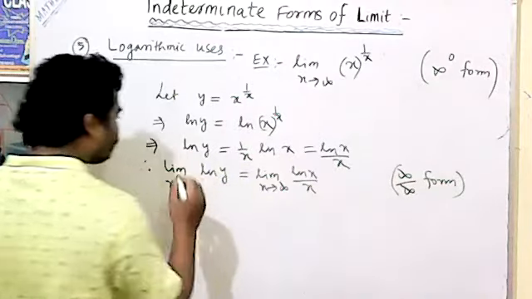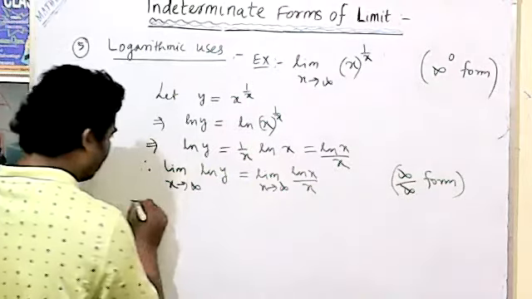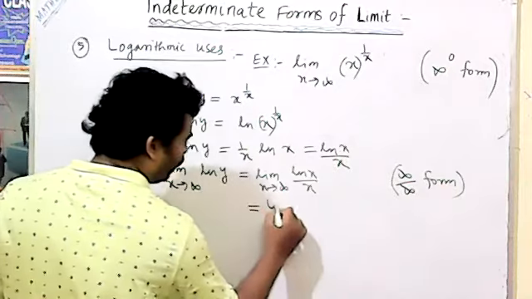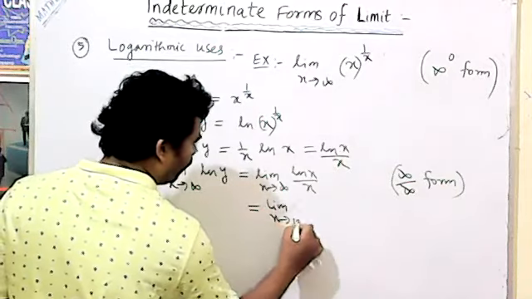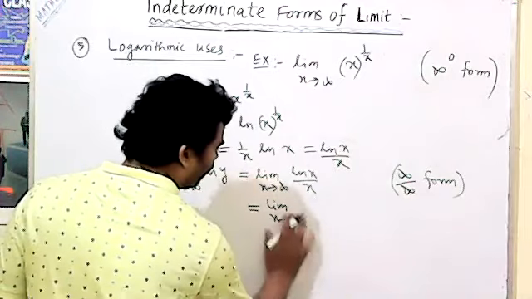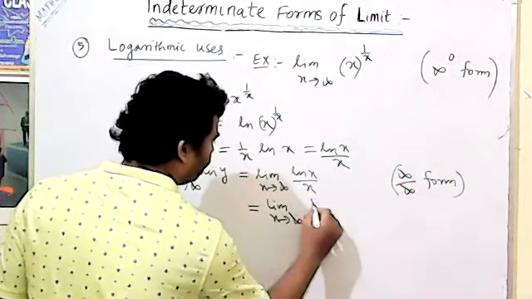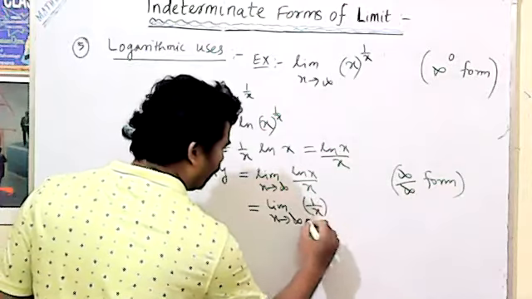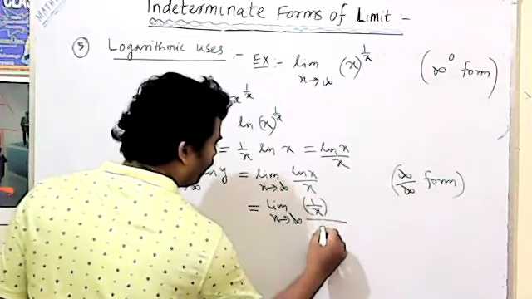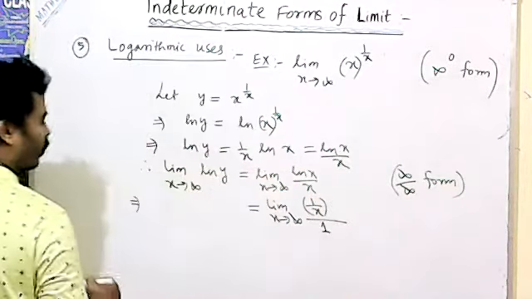So directly we can take the derivative of ln x, that is 1 by x, and the derivative of the denominator x, that is 1.